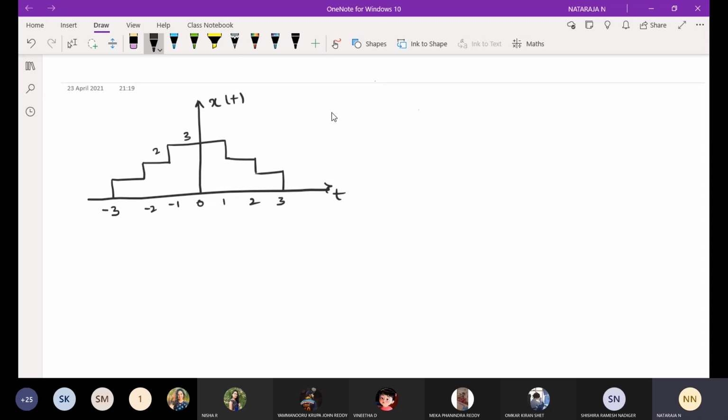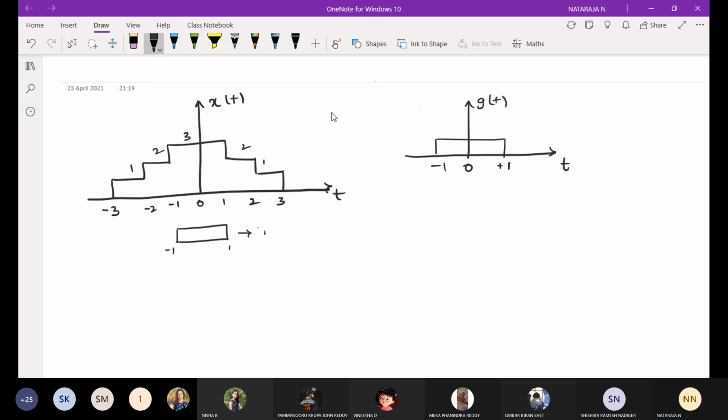This is the amplitude, 3, 2, 1, x of t. This is your g of t, from -1 to +1. Now I'm going to split the x of t. The first case is -1 to +1.